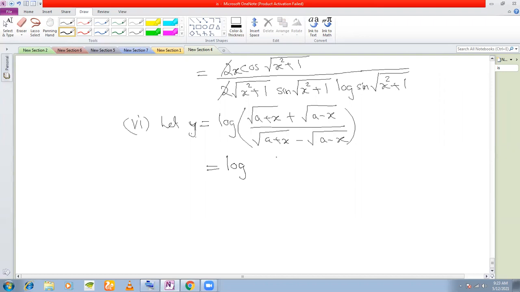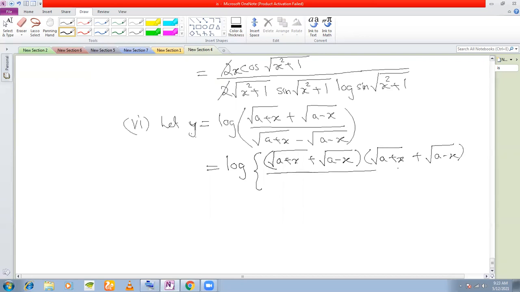So you multiply the numerator and denominator by the rationalizing factor. What is the rationalizing factor? Root a plus x plus root a minus x, into root a plus x plus root a minus x, divided by root a plus x plus root a minus x, root a plus x minus root a minus x.